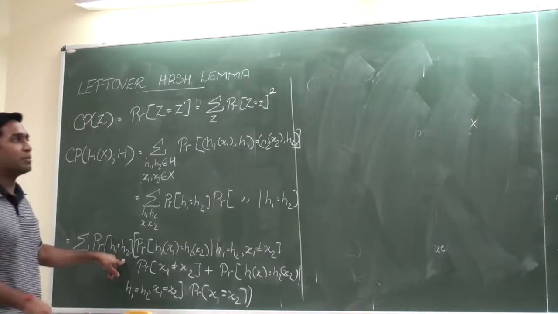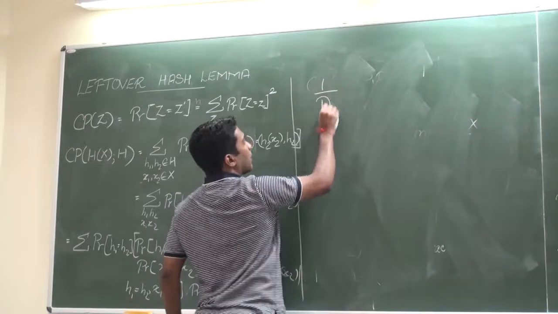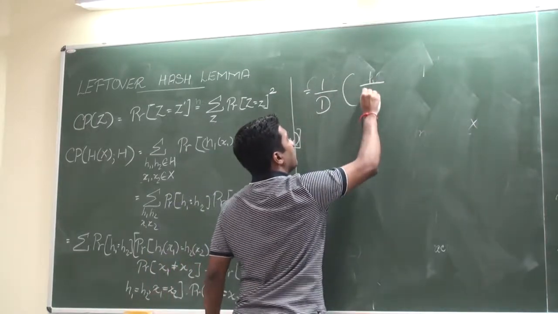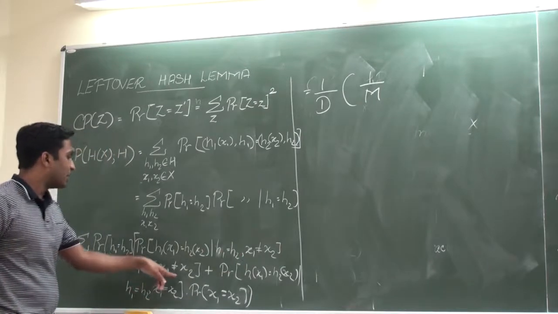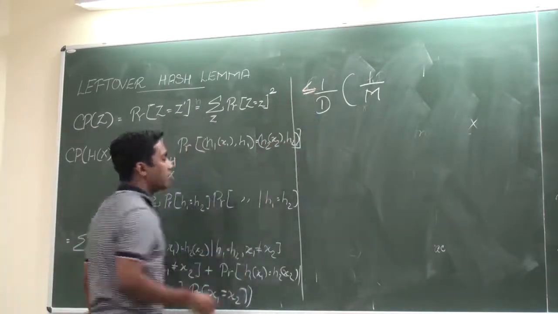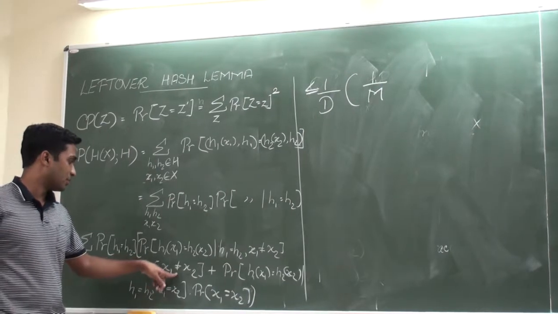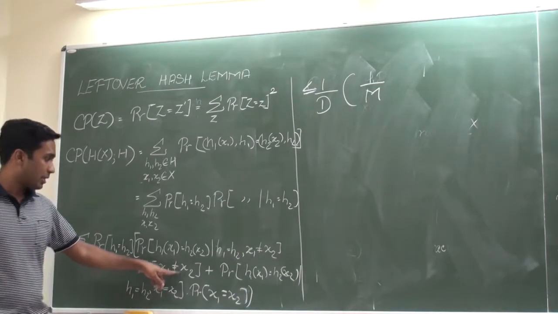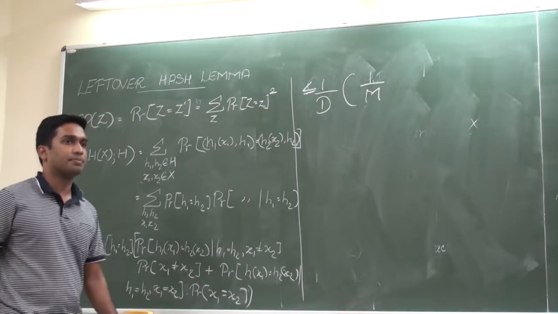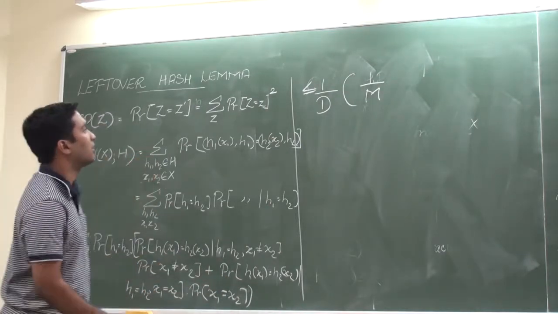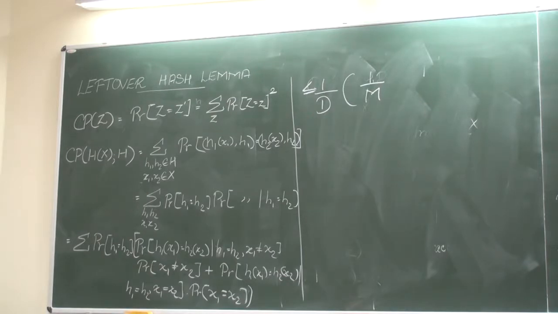It's uniformly random, so it's 1 by capital D. And we'll put an upper bound, because the last term is just probability equal to 1. Over here, it still has the summation.